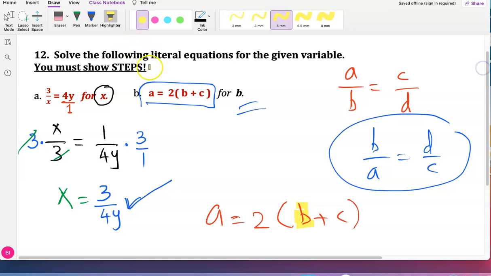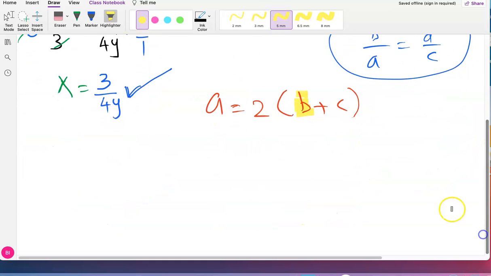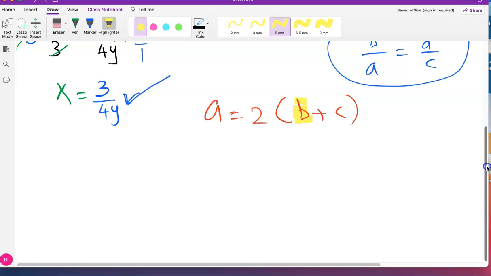Solve for this b. Okay, like I said, if you want to solve for that literal variable, so we are trying to find what is b in this. All right, we have to isolate this b.